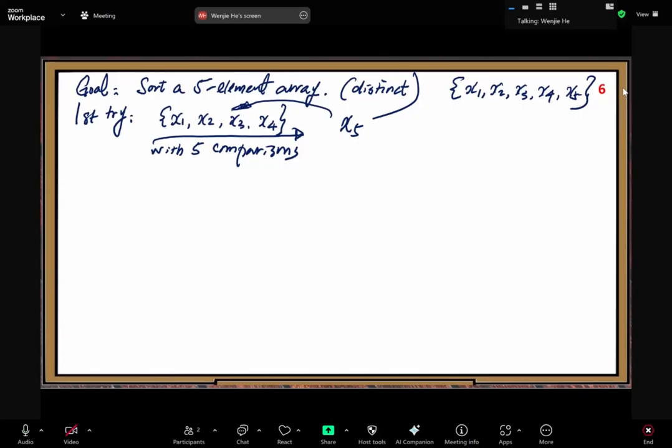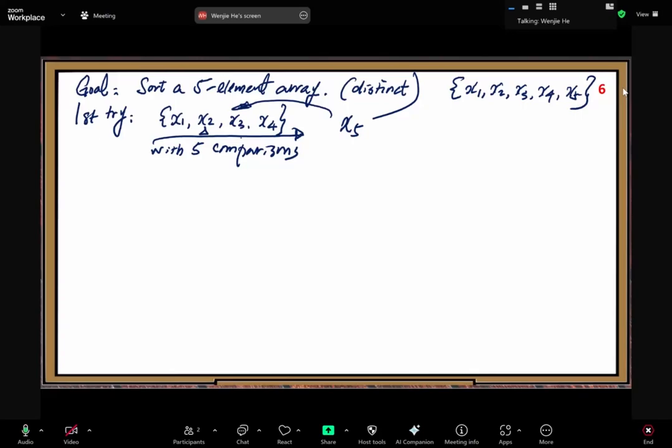Based on the success of the previous solution, we know it uses binary search, right? Here, with binary search, you can compare with X2 or X3, similar, because you have an even number of elements.